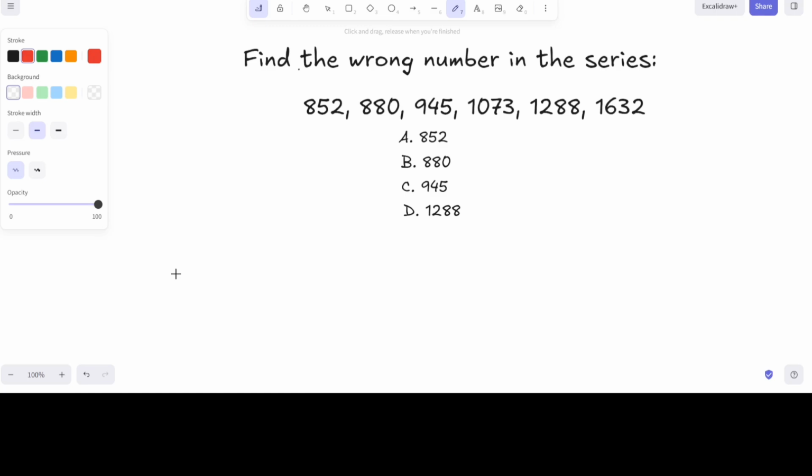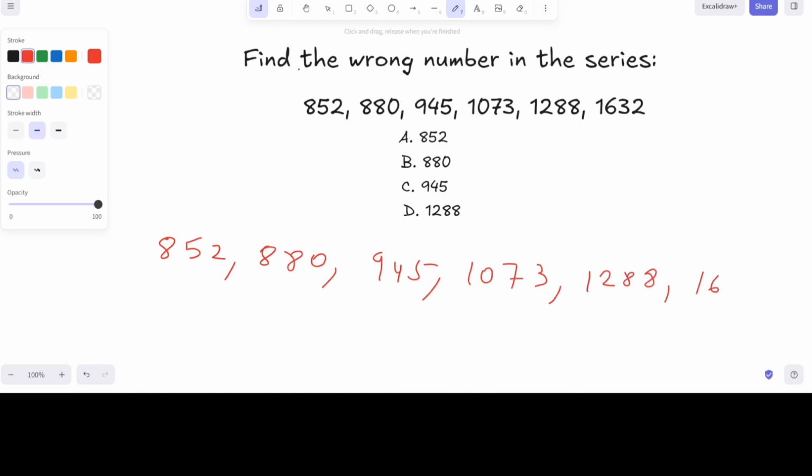So, okay, our series is this one. First, let us try to take the differences. First, let us write here 852, 880, 945, 1073, 1288, 1632.